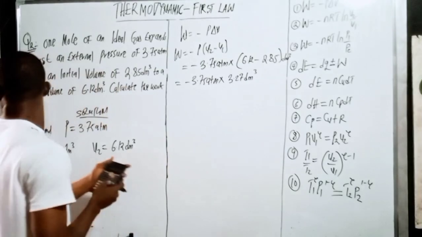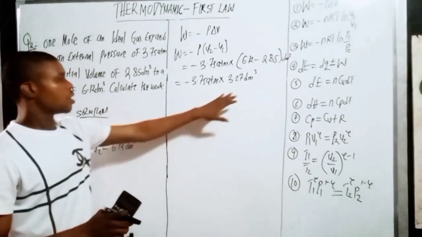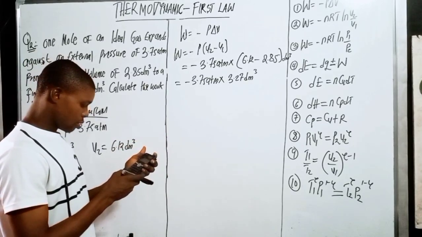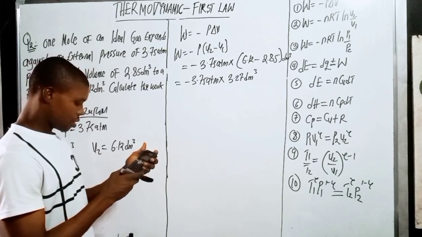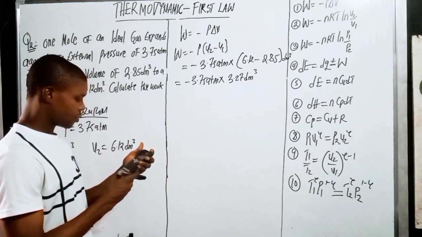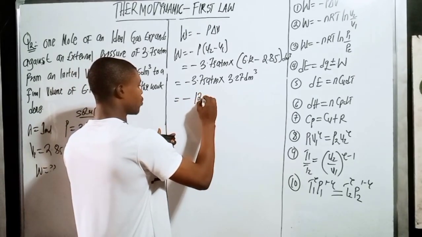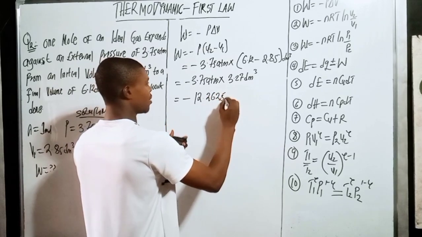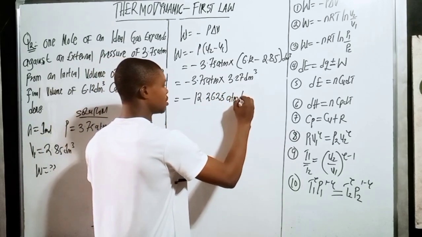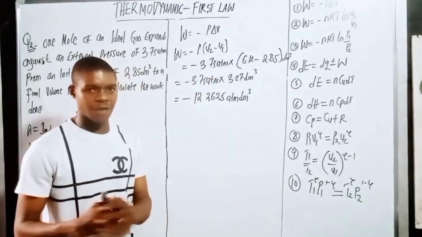So when you multiply 3.75 times 3.27, here we have minus 12.2625 atm dm cube, right? atm dm cube. Please, are you following?